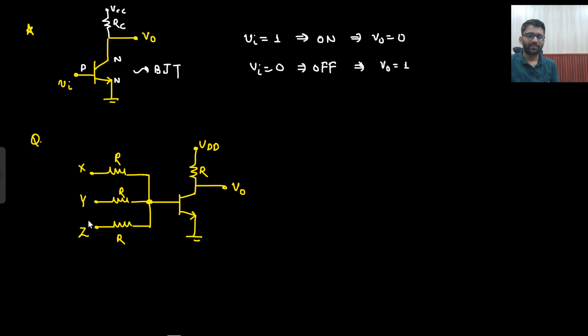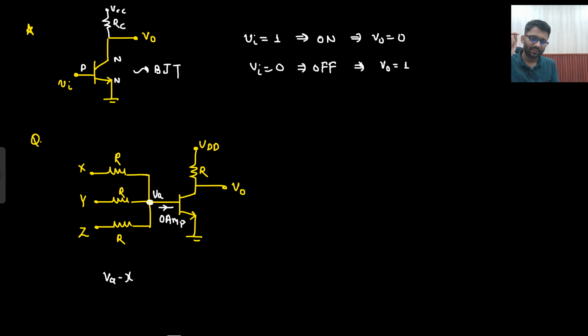So what will be your output expression in terms of X, Y and Z? First tell me what you are going to get here. I am calling this potential VA. Again, this will also drive almost 0 ampere current, so forget about this current. So what will be your VA potential?